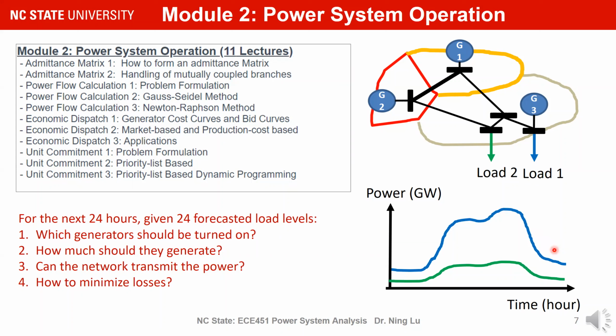This is to teach you how to be an operator of the grid. In this case, minimizing the cost and considering whether or not the transmission line will be overloaded is the main concern. And then we also want to minimize the losses.